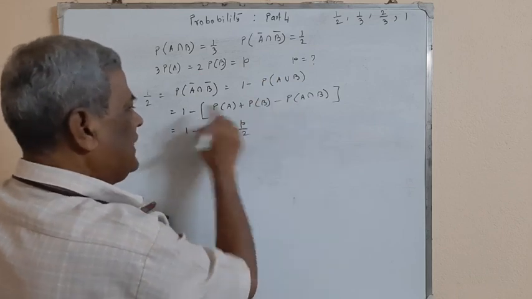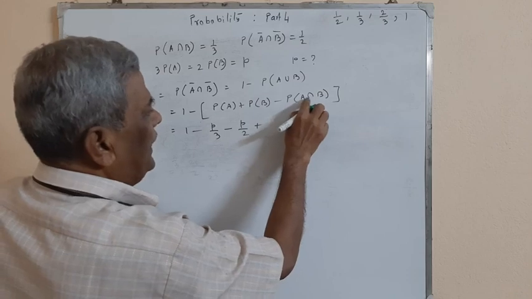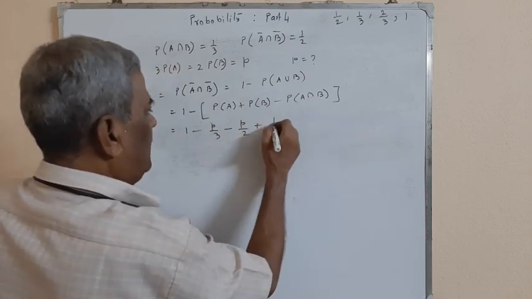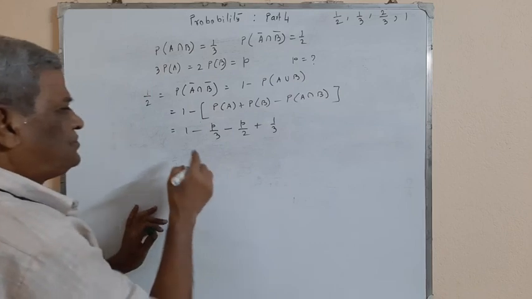Then minus and minus become plus. Probability of A meet B is 1 by 3.